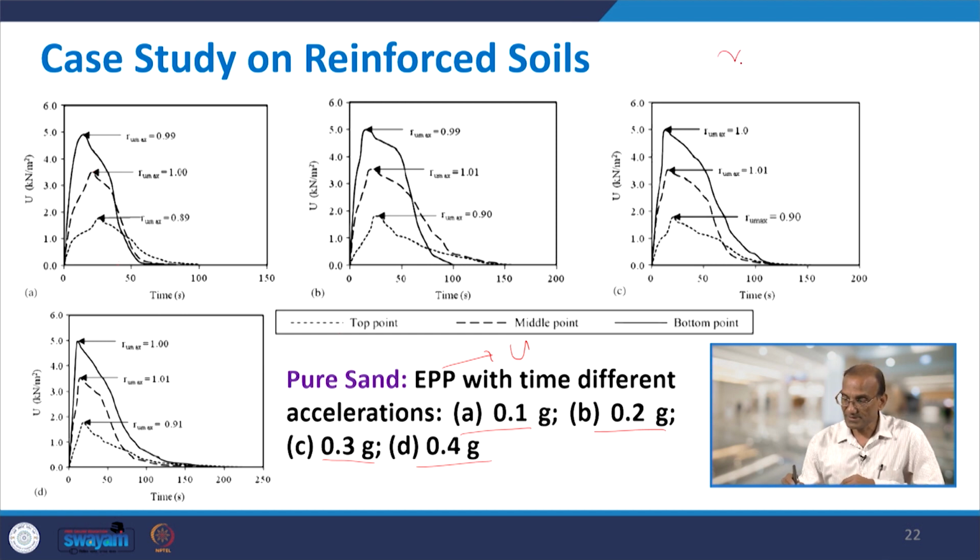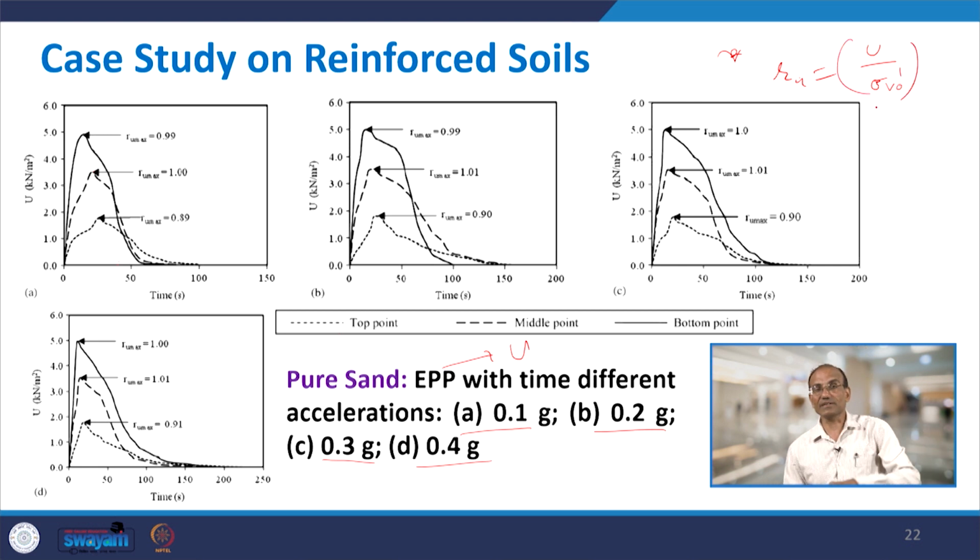RU is the excess pore water pressure U divided by the effective overburden pressure at a particular depth, and the effective overburden pressure also increases with depth. So the maximum value of RU is listed here, which is more or less the same at all 3 pickups: 0.91, 0.89. Similarly, this was at 0.1, this is 0.2, 0.3 and 0.4. Now, this was for the pure sand, that means without any reinforcement.